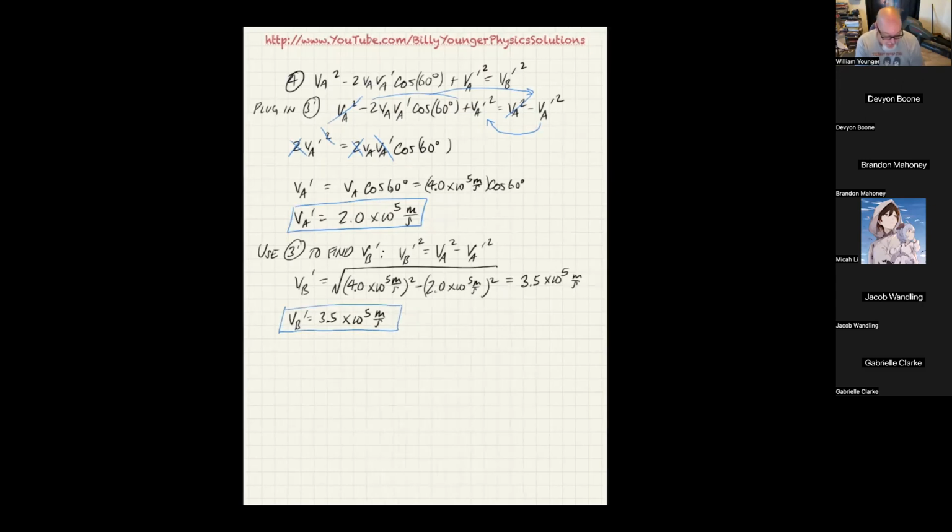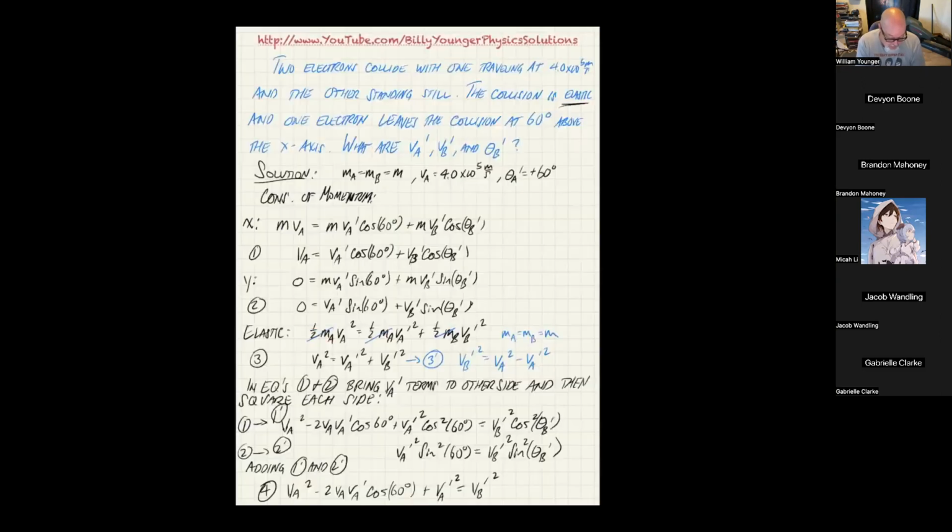So if I look back, I can try to find out what theta B prime is easiest to get from. And it looks like theta B prime comes out really easy if I use equation 2. So that's what I'm going to use.